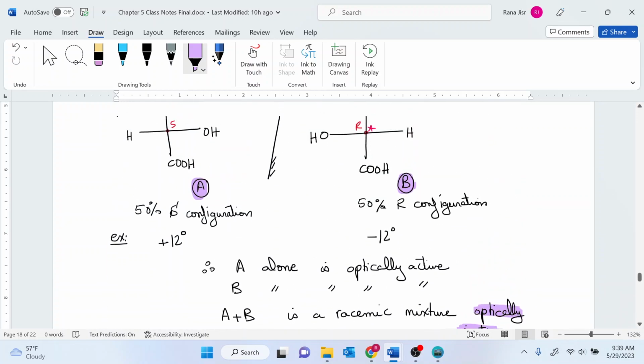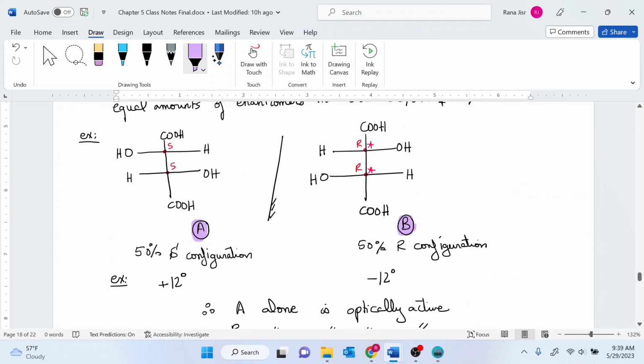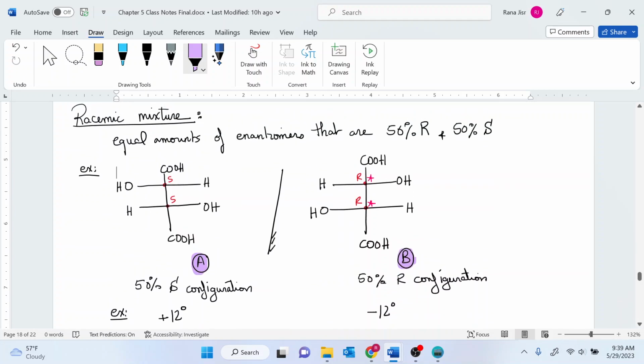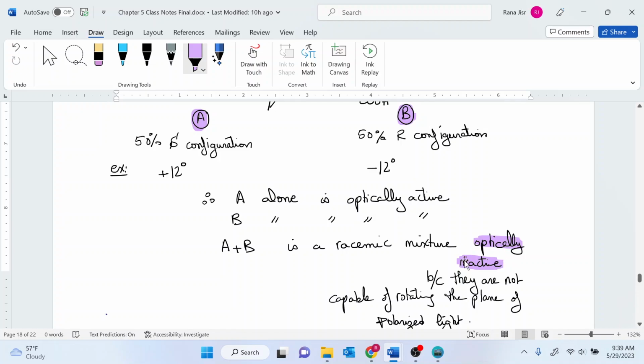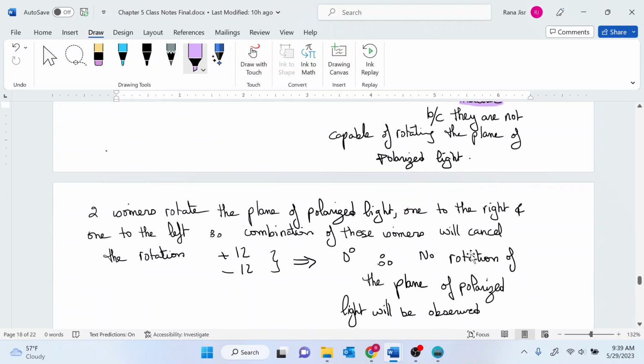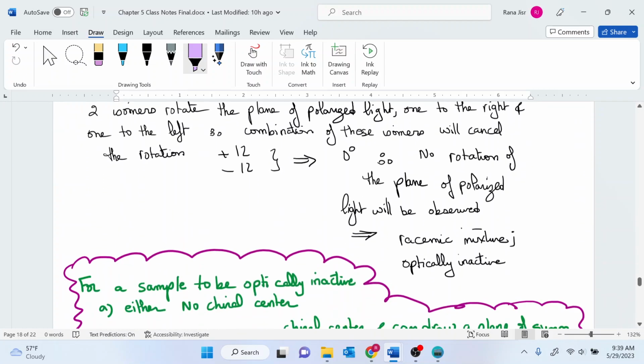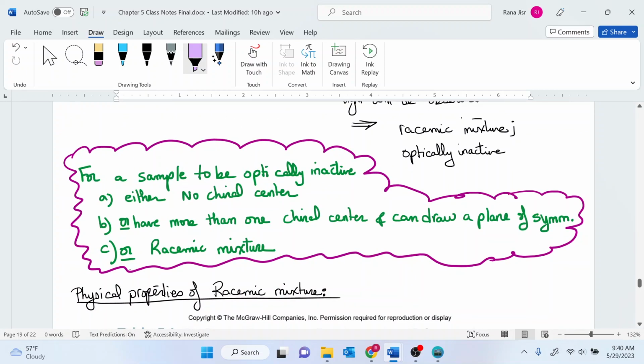Now, the third case is whenever you have a racemic mixture. Once you draw your enantiomers, one of them is 50% S and the other is 50% R, both, as we said, optically active. Both alone are optically active, but if you combine them together, your mixture is going to be optically inactive, incapable of rotating the plane of polarized light.